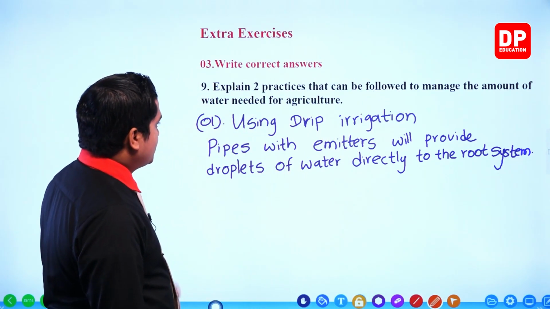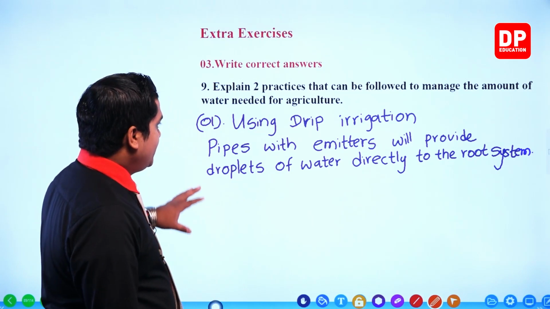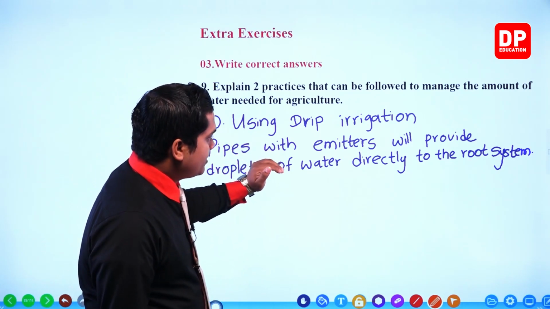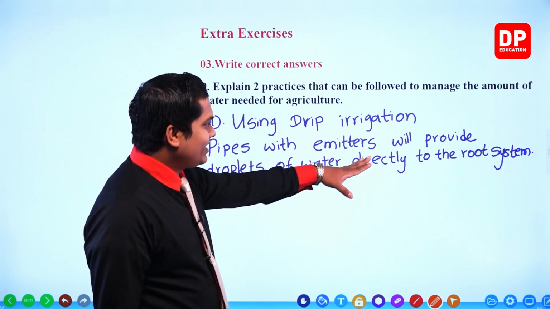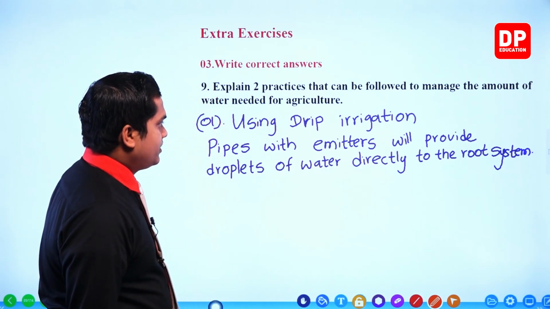So using drip irrigation, my dear children, pipes with emitters will provide droplets of water directly to the root system.